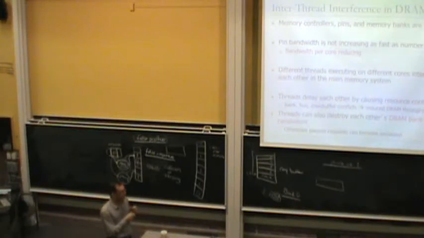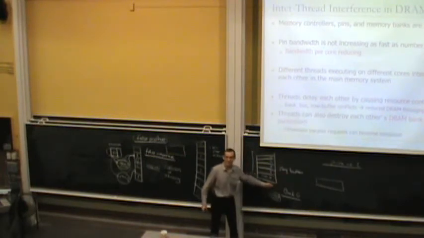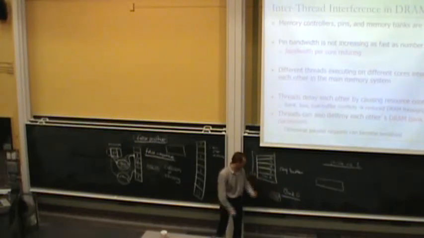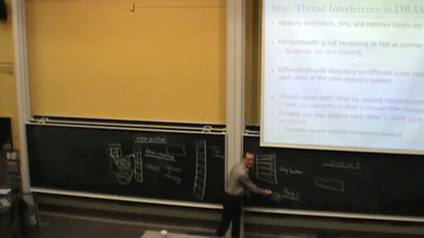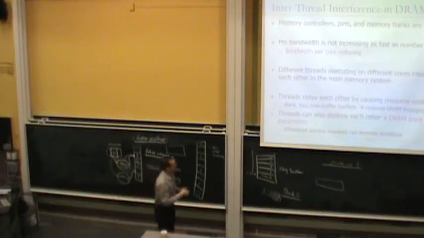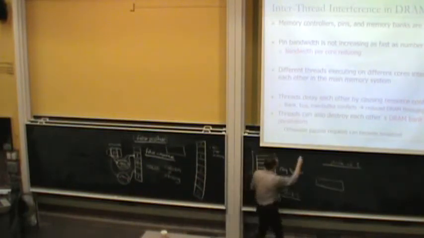And when you have a shared resource, you have a scheduling decision between these different threads. Whereas what the controller did was, the controller didn't care about the threads. It only cared about the row buffer, what row was open, and what was the age of the requests. As a result, it didn't really handle the interference between the threads well. Now, why is this a big problem? Because DRAM is off-chip.